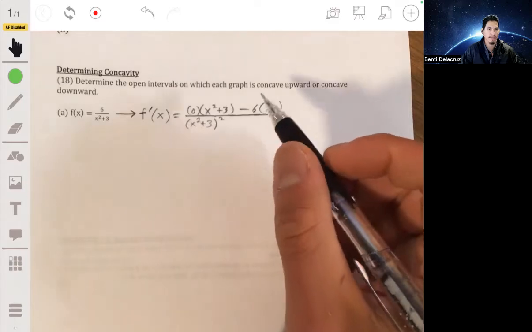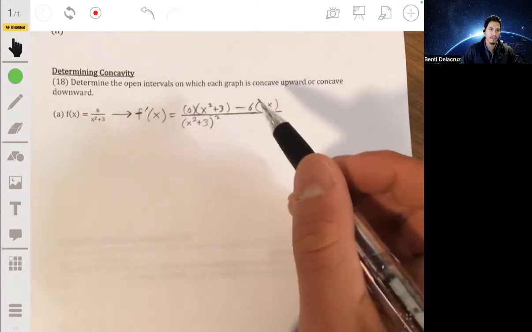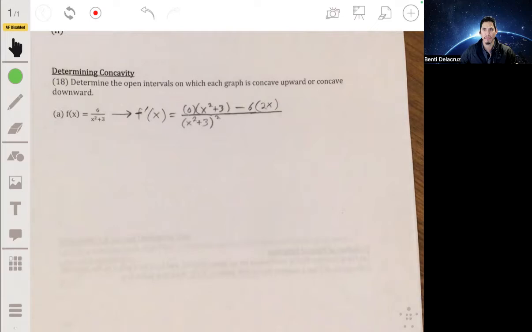Now I'm going to zoom ahead because this is not the important part. You should be competent in this, but make sure you check your work when you take this. So I'm going to zoom ahead and show you what the first derivative will end up being and what the second derivative equation will be.